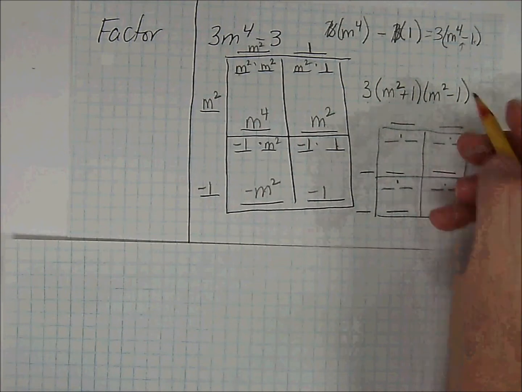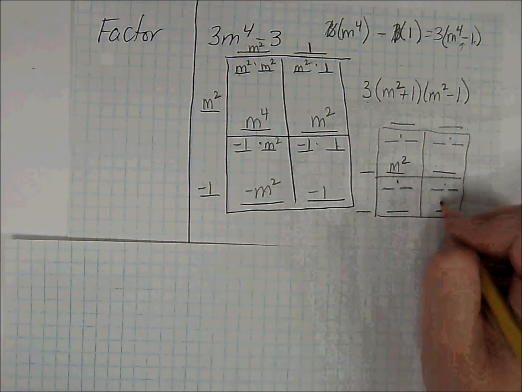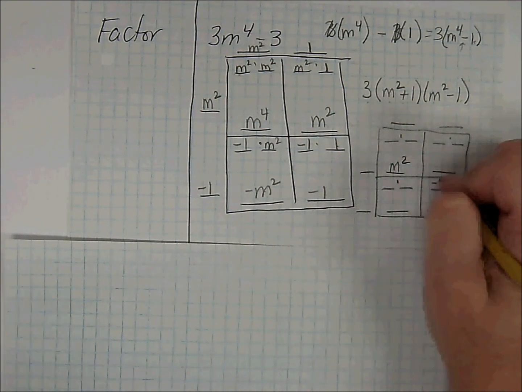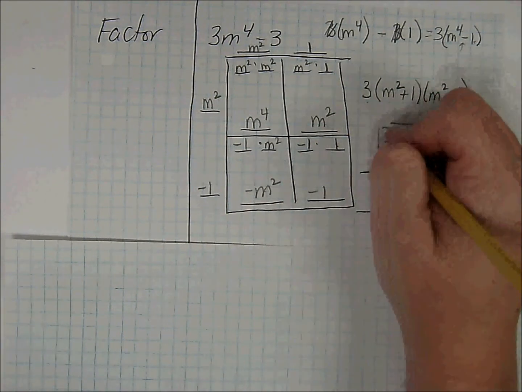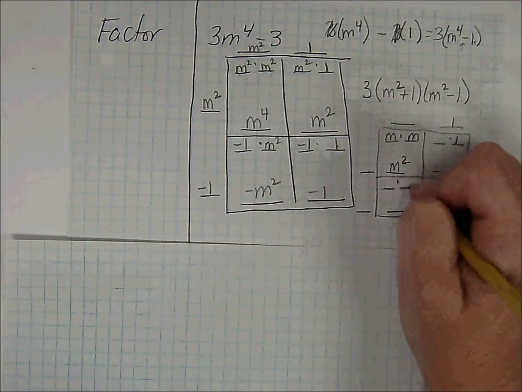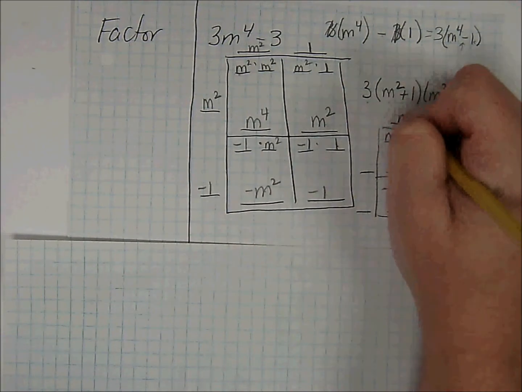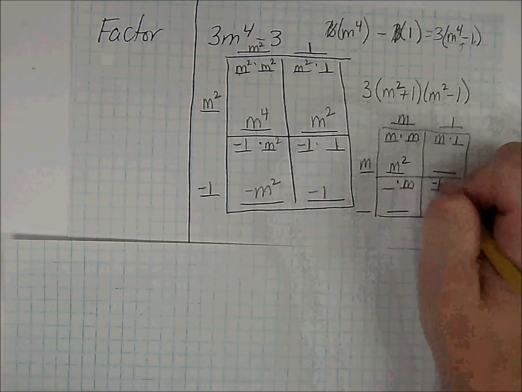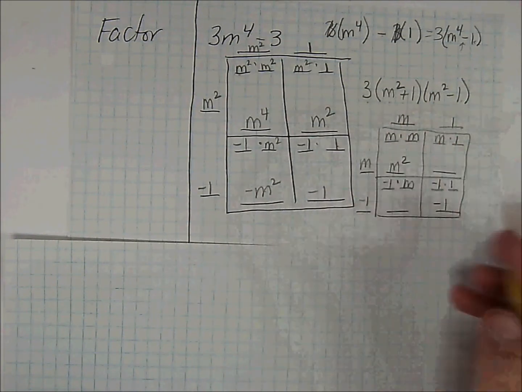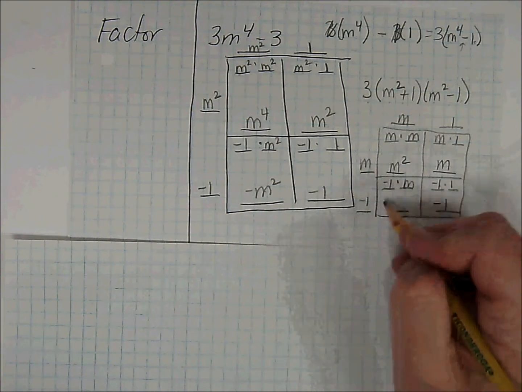I'm going to put m squared here and negative 1 here. And just like the last one, we're going to go, okay, that one's 1. This is an m times an m. M goes here, so boom. M goes here, m goes here. These two are the same. And I get, in this one, m, here negative m.